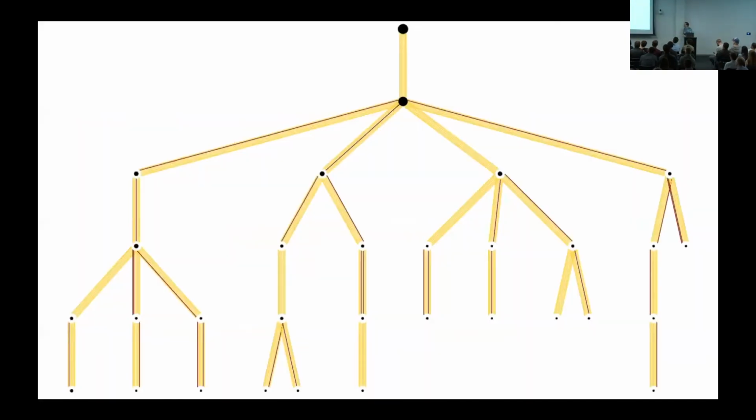Now, one of the challenges is that this visualization, this application, wasn't designed just for how people move through the site. It was designed for how people move through the site as they are members of an A/B test. So I assume an audience like this is familiar with A/B testing.